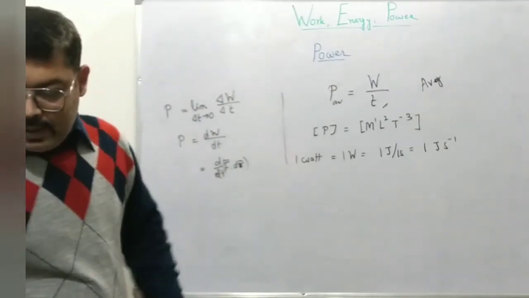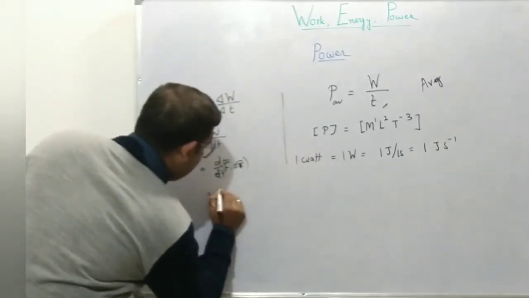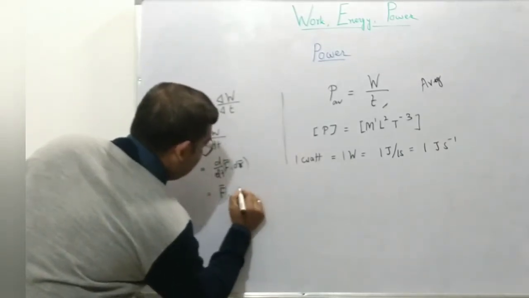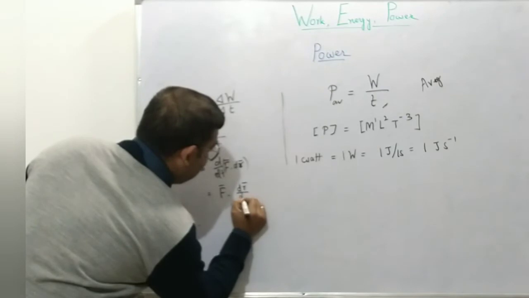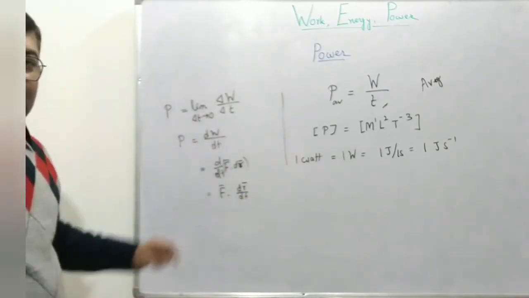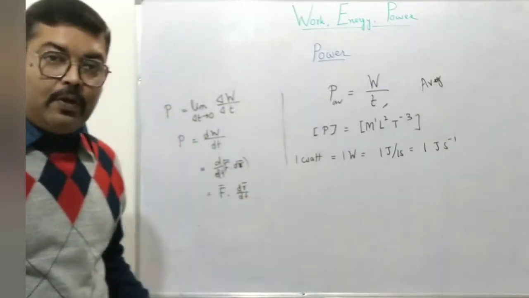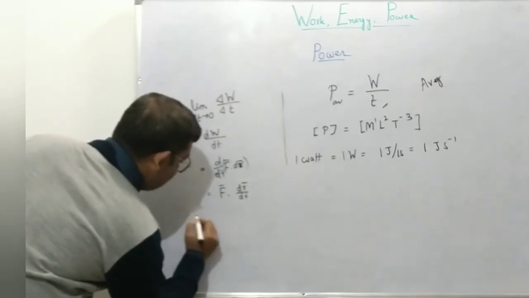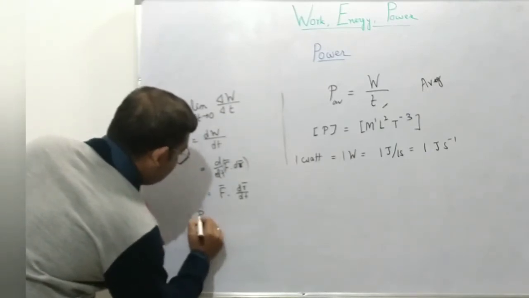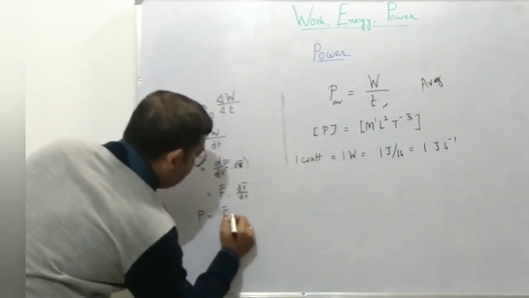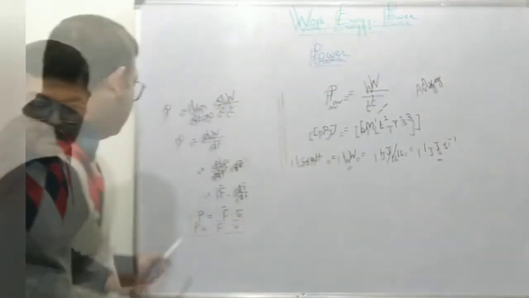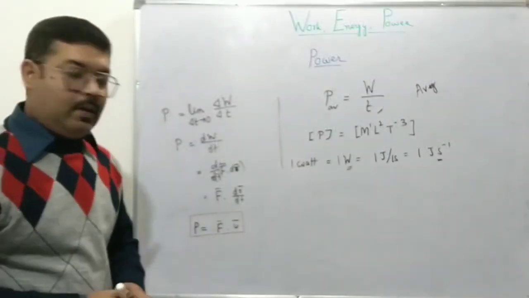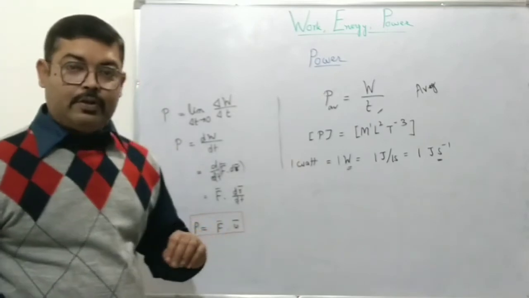So we can rewrite this equation as F dot dr by dt. But the rate of change of position is velocity. So the rate of displacement is velocity. So P will be equal to F dot V. Power is equal to force dot velocity.